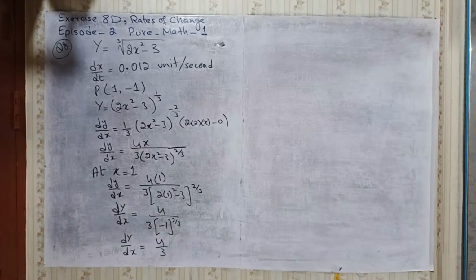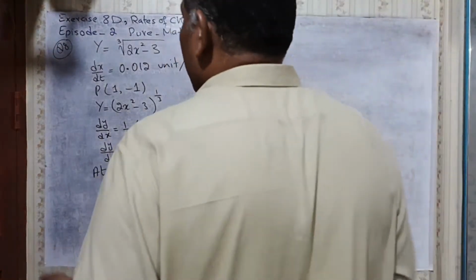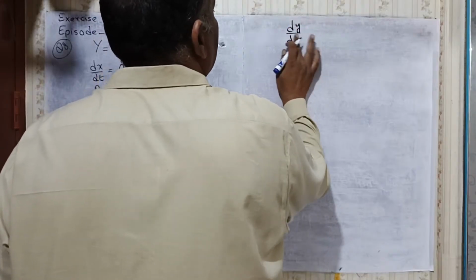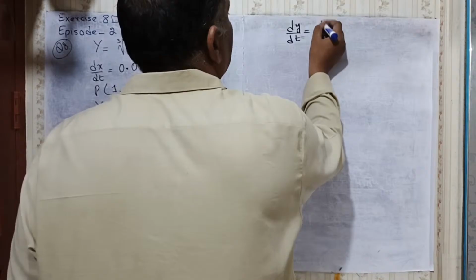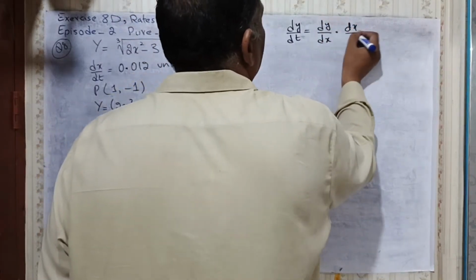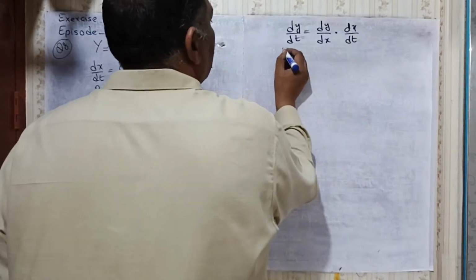So dy by dx is 4 by 3. Now we will apply the chain rule. The chain rule says that dy by dt will be equal to dy by dx into dx by dt.